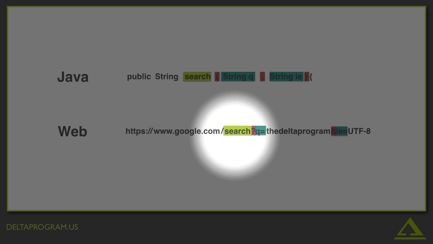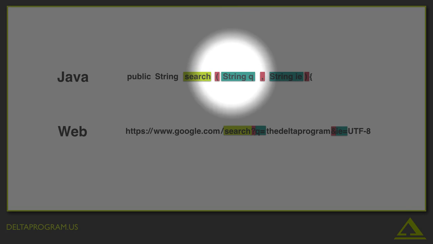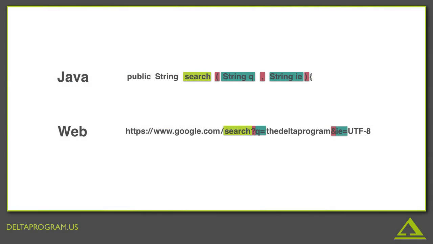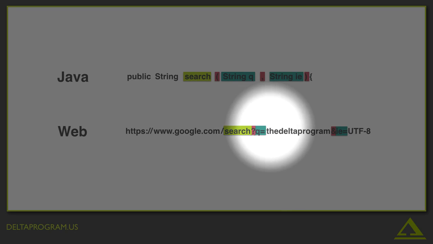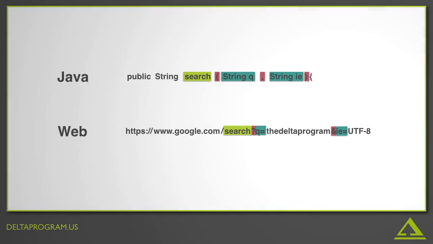And also on the web, you'll often see these endpoints store particular parameters, like string q and string ie here, in a way that's a little different, but still the same. We're still passing parameters back and forth and getting a return. So as you're going through API docs, in addition to what you're going through with our course, just remember these things when you're trying to figure out how an API works. You're still making a request for something and getting something back.